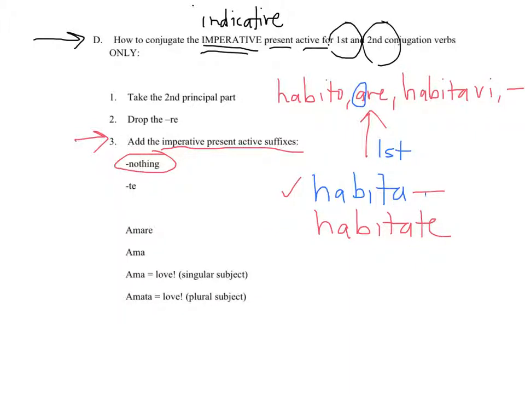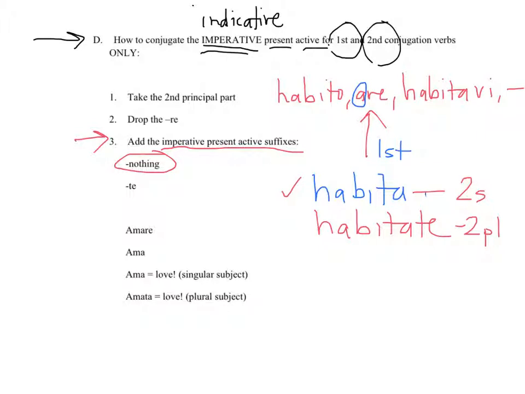In the imperative, you can only do the second person singular and the second person plural. You can't do I, you can't do he, she, or it, you can't do we, and you can't do they. In the imperative, you can only conjugate habita and habitate.